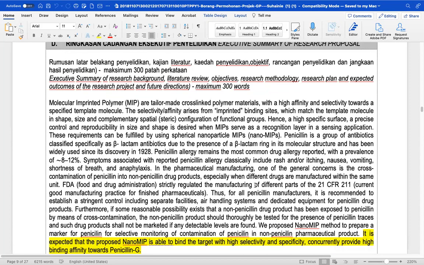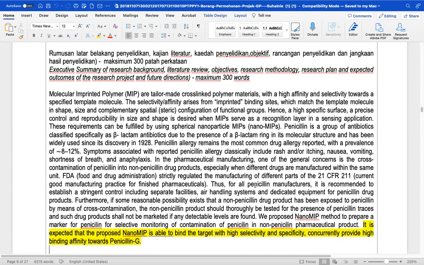Here you can see that it's a somewhat less complicated proposal. The approach is using an imprinted polymer to design a sensor for penicillin in pharmaceutical products.